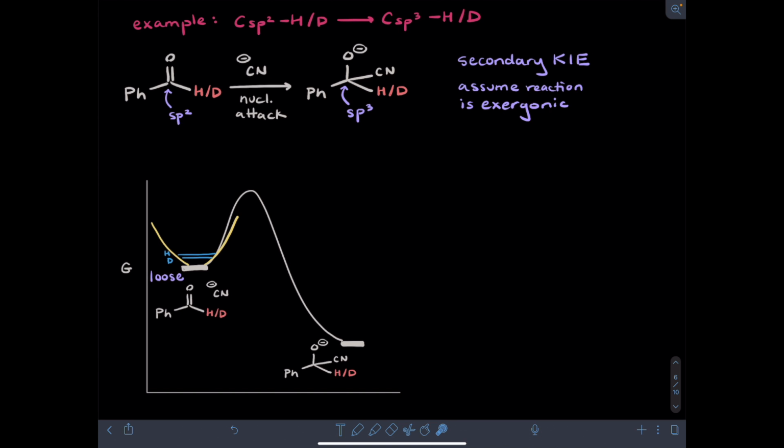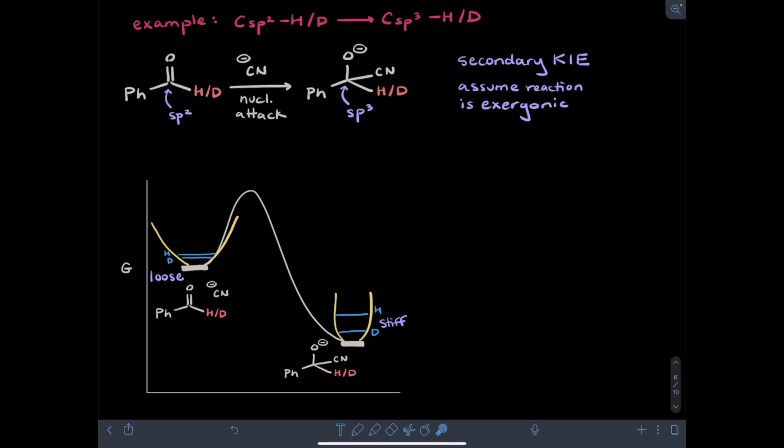For the sp2 hybridized carbon starting material, where that carbon is attached to the hydrogen or the deuterium, this CH or CD bond is going to have a loose 0-point energy potential well. The 0-point energies for deuterium versus hydrogen are very close to each other for this sp2 hybridized carbon.